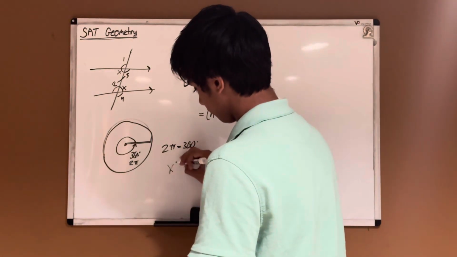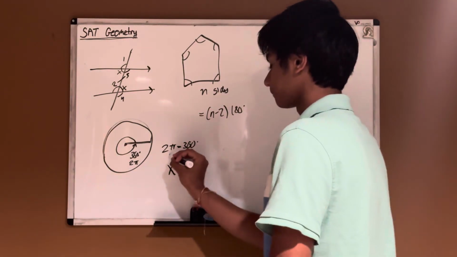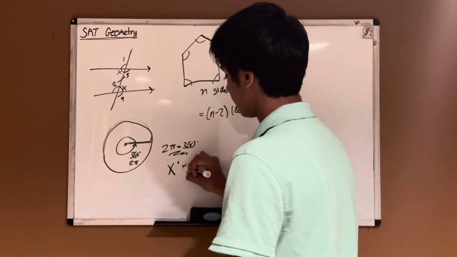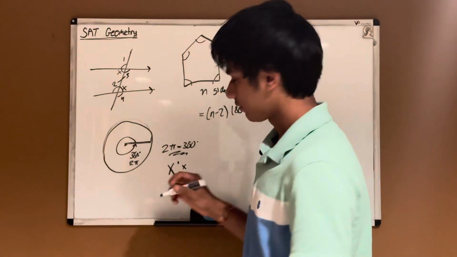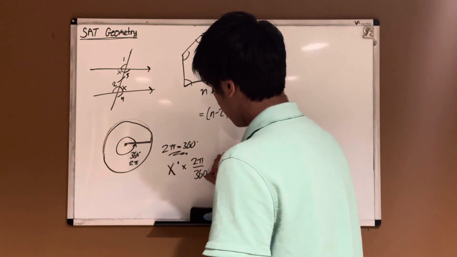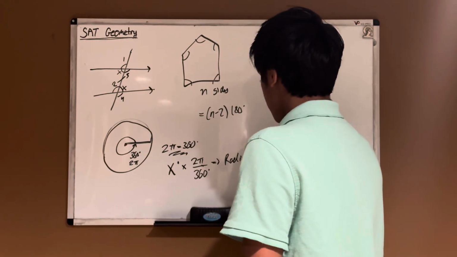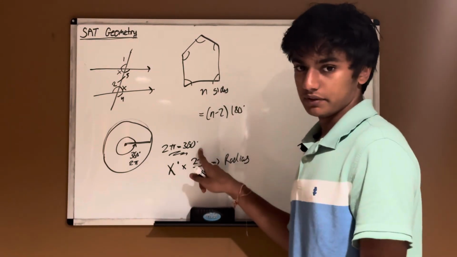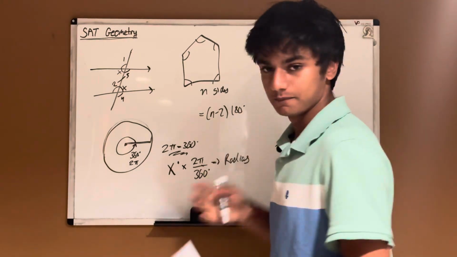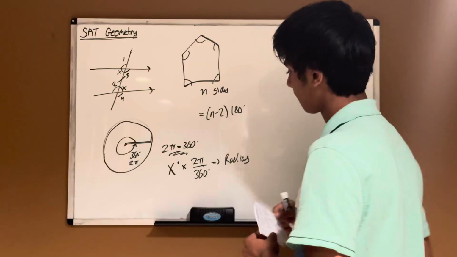Let's say we have x degrees, and we want to convert it into radians. Using this fact, we can say, using unit conversions, that x times 2 pi over 360 degrees will give us our answer in radians. And the reason why this works is because 2 pi equals 360 degrees. So really, we're multiplying by one. All we're doing is just changing the units by using this unit conversion.